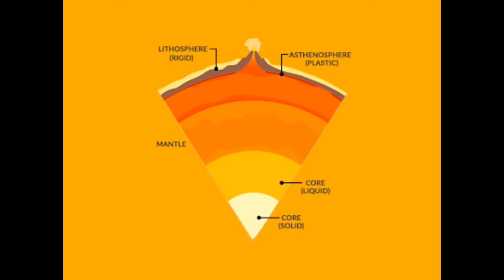That is why it is said that it is mostly in the liquid state. So children, asthenosphere is nothing but the layer which consists of magma in it, which comes out during the volcanic eruptions on the earth's surface.